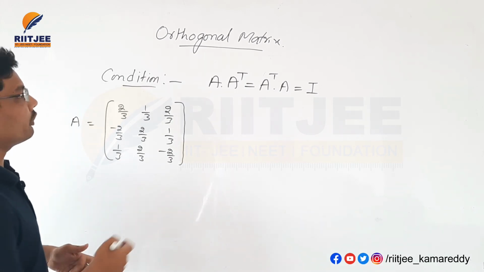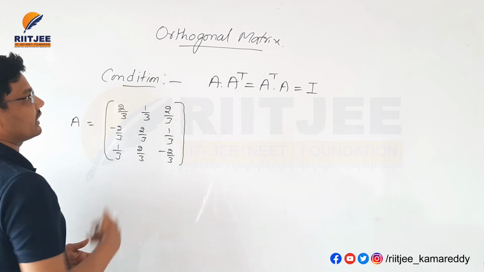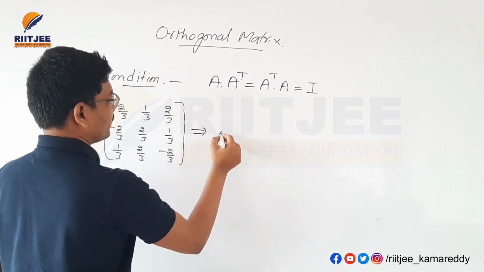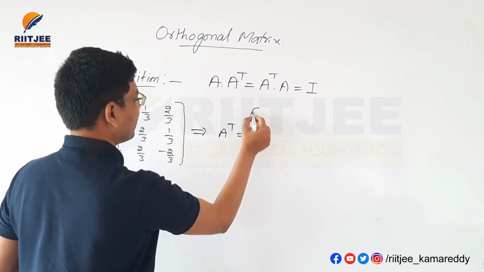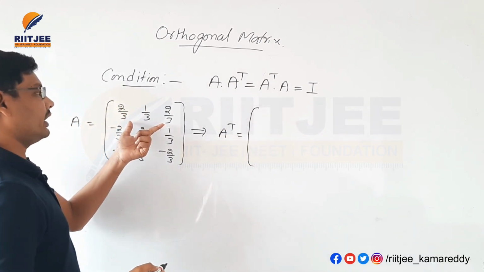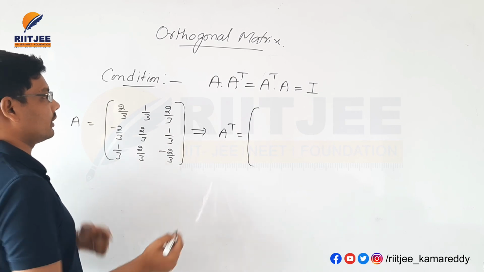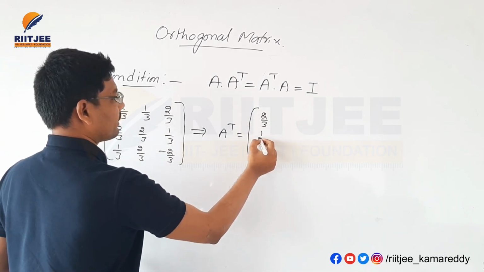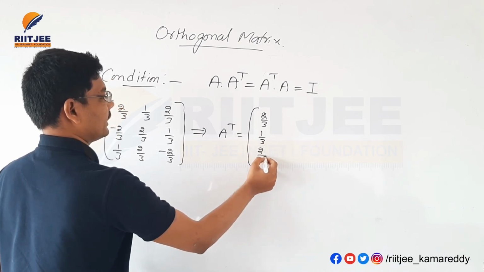Now if you want to check whether it is an orthogonal matrix or not, first we need to find the transpose of A. The rows of the matrix are changed to columns. R1 is changed to C1: 2 by 3, 1 by 3, 2 by 3.